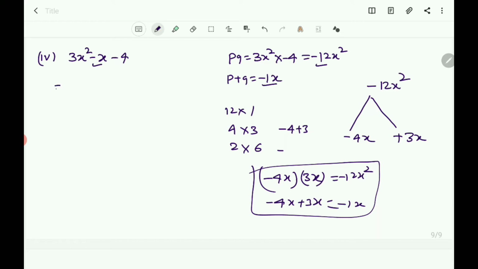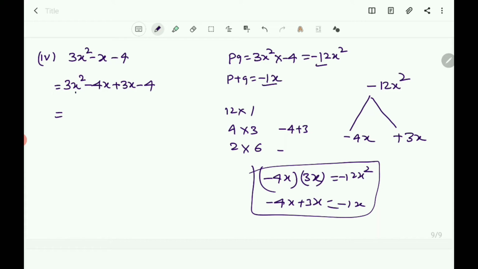Therefore, you write the first term as it is, 3x square, and minus x you must write as minus 4x plus 3x minus 4. Minus 4x plus 3x minus 4. Then make a group of these 2 and these 2 and remove the common factor.